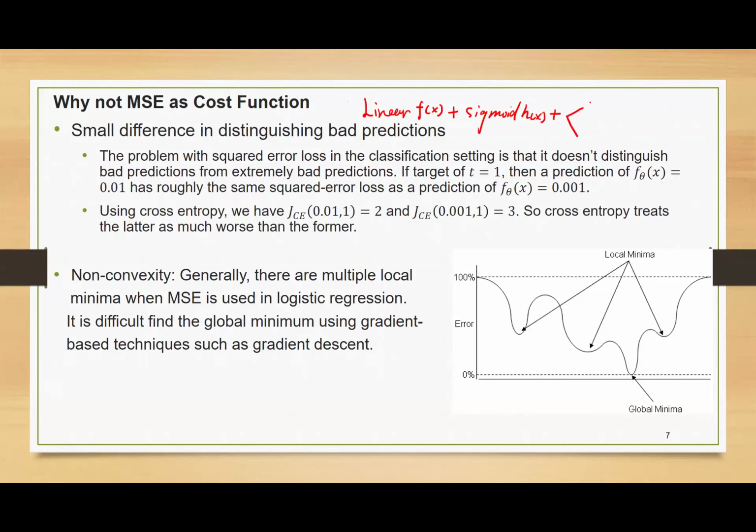For the loss function in this comparison, we will have MSE and cross entropy, CE. The first two parts are the same: the hypothesis function is a linear function, and the activation function is a sigmoid function. Then we compare the performance of MSE and CE as the loss function.